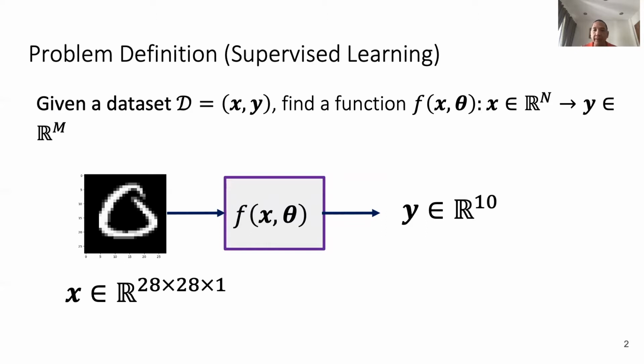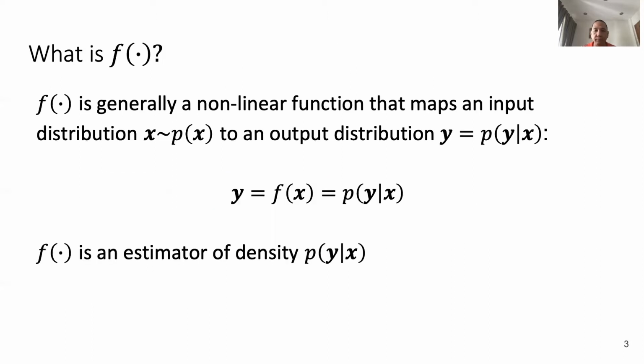Basically, the classifier maps an MNIST image to a one-hot vector with size 10. Training means finding the set of parameters theta by using an optimizer like SGD. In the succeeding slides, we will formulate the function using MLP. What is function F? Most real-world problems are nonlinear.